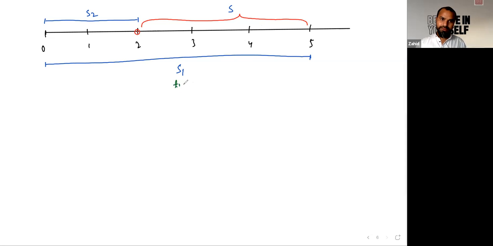So for this, just use t equals 5 seconds. For this, just use t equals 2 seconds. By knowing these two values, subtract them to find s. So it would be nothing but s1 minus s2.